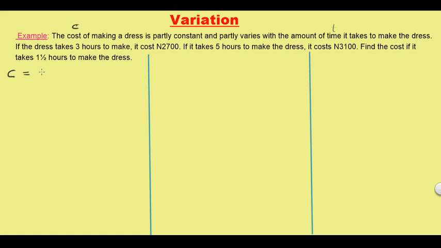Let me say the constant here, we use A. Then it partly varies with a particular amount of time. Let's call that one KT, where A and K are constants.